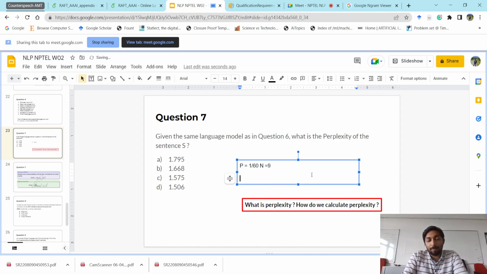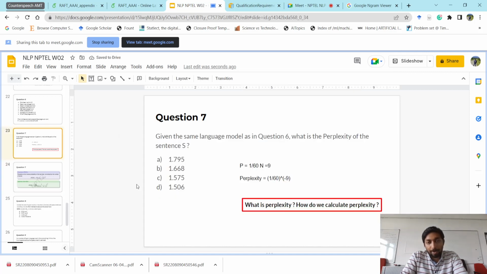So now what will be the formula for perplexity? 1 by 60 to the power minus 1 by 9.